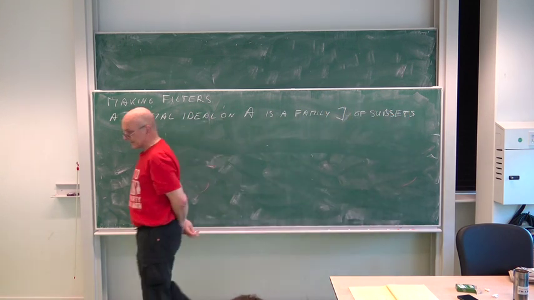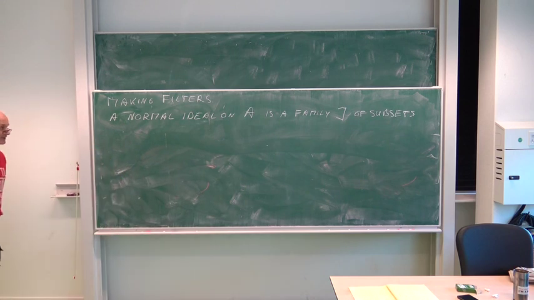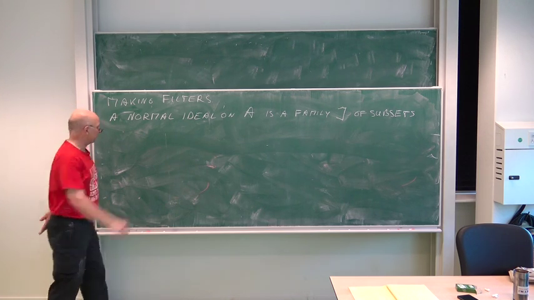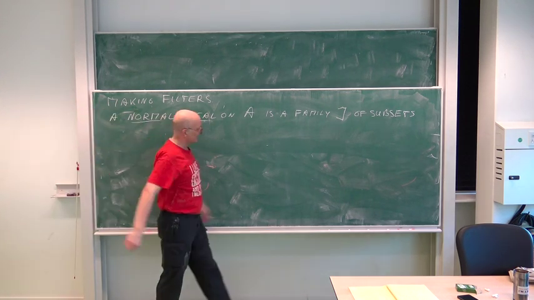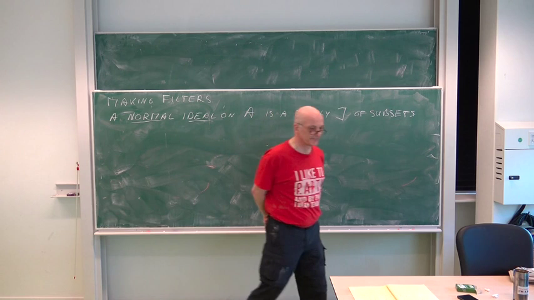We take a family of subsets of the set of atoms, a normal ideal, and the family is usually called I.